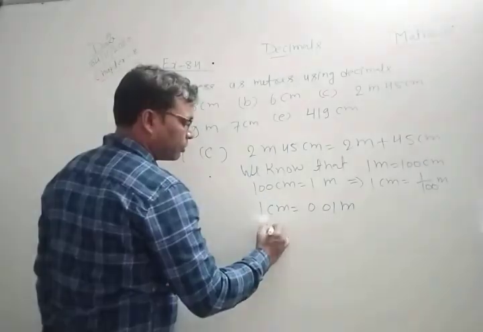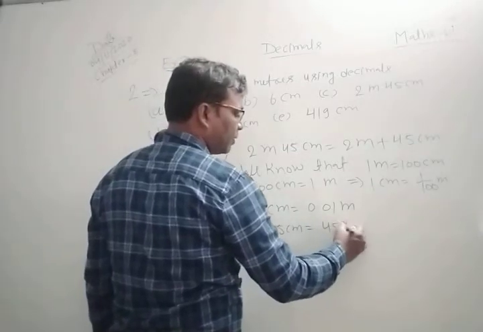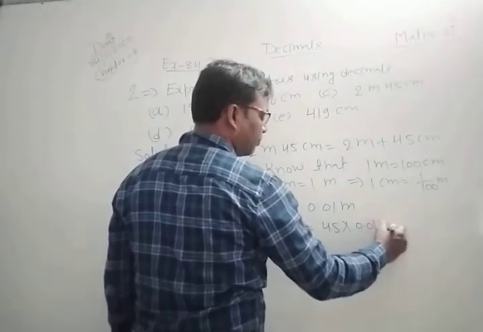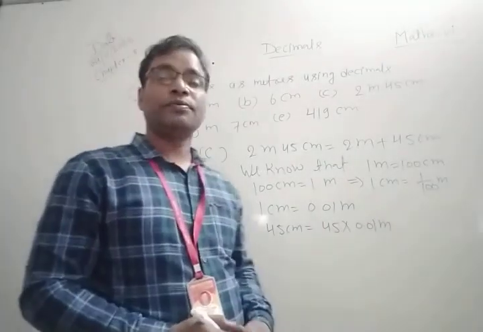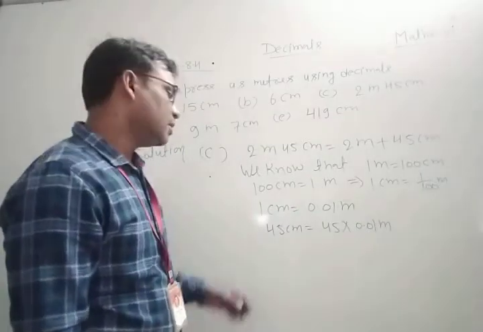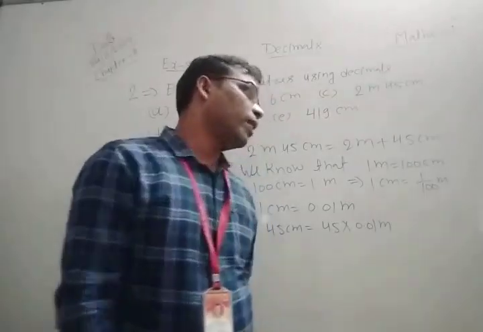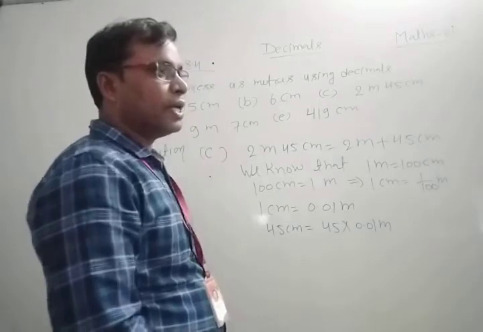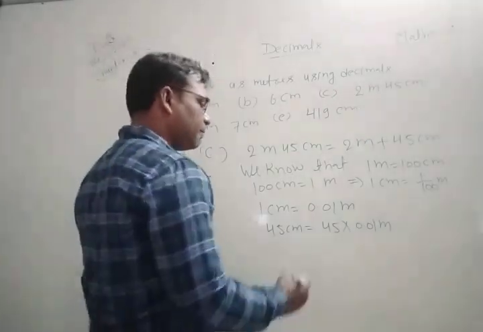So you can write here 45 centimeter is equal to 45 into 0.01 meter. Because you can see here we find 1 centimeter is equal to 0.01 meter. So 45 centimeter is equal to 45 into 0.01 meter.